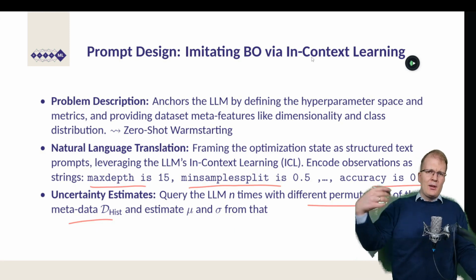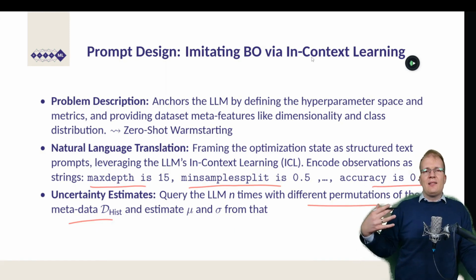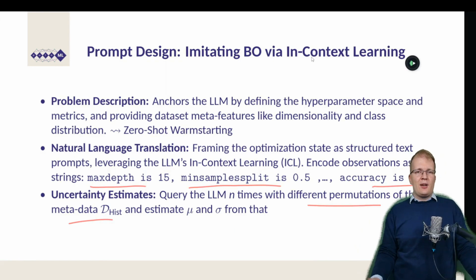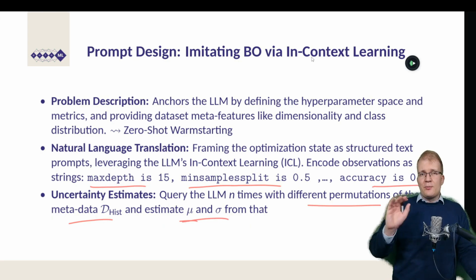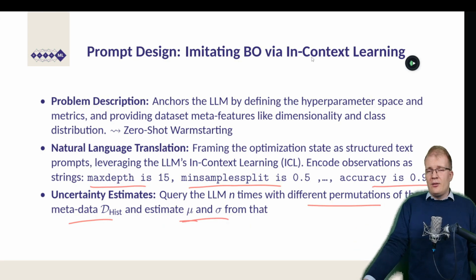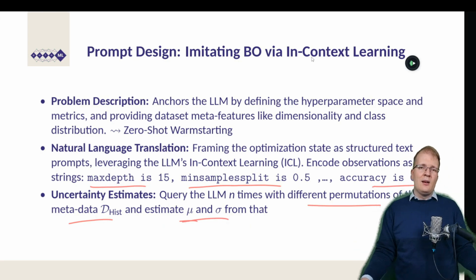It makes sense because there is anyway no ordering in our history data. Therefore, we can shuffle and permute that. That gives you good estimates of the entire possible distribution of performance that you can observe, and therefore we can estimate the mean and variance or standard deviation from that.